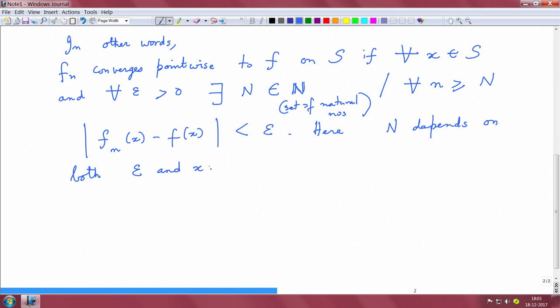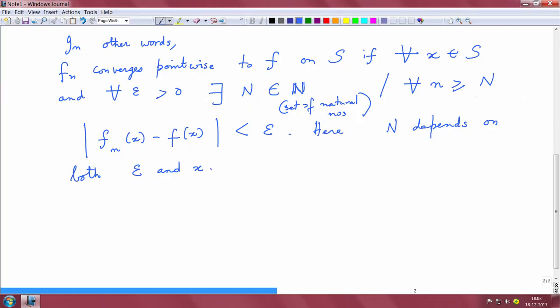So, f_n, that is a sequence of functions, converges pointwise to some function on that set S if we pick some x belonging to that set S and then for every epsilon that is greater than 0 there exists some capital N, a natural number, such that for every small n greater than or equal to capital N this function is within epsilon of the limiting function, right.